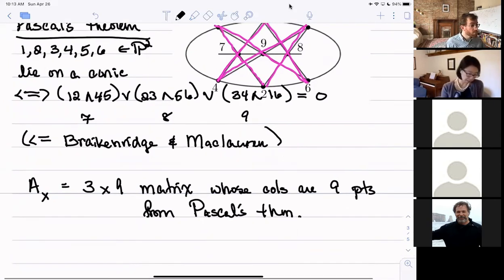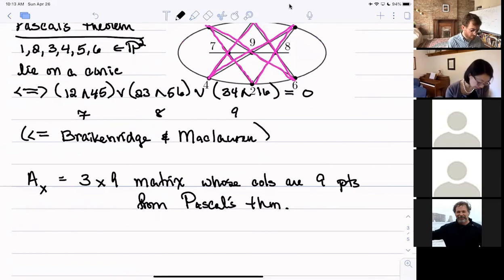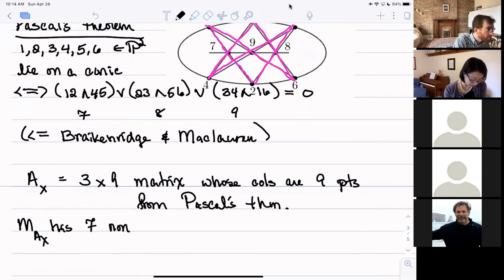This matrix is going to have 7 non-bases, and I'll write some of them out that correspond to vanishing brackets.